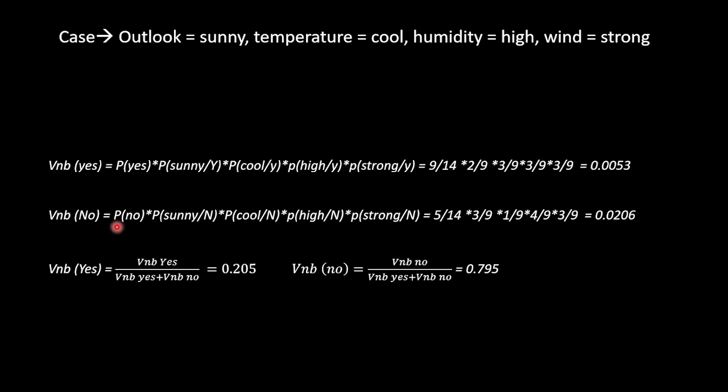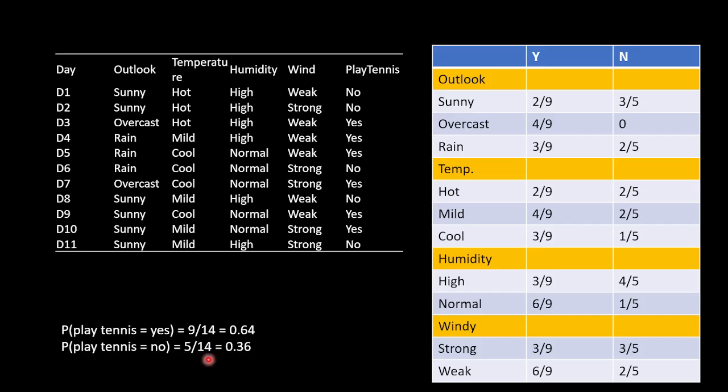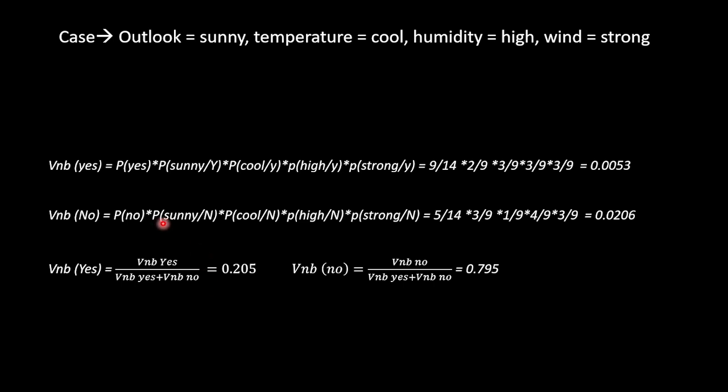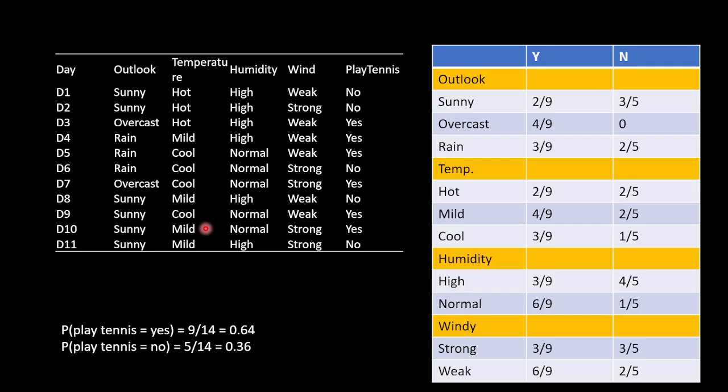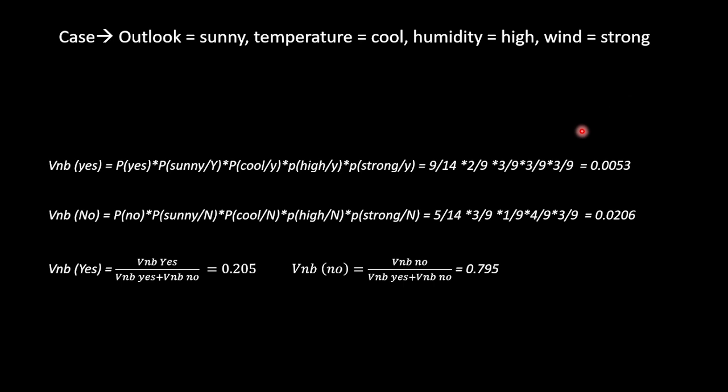In the same way for no. First of all, the probability of no will be 5 by 14. Then the probability of sunny given no will be 3 by 5.